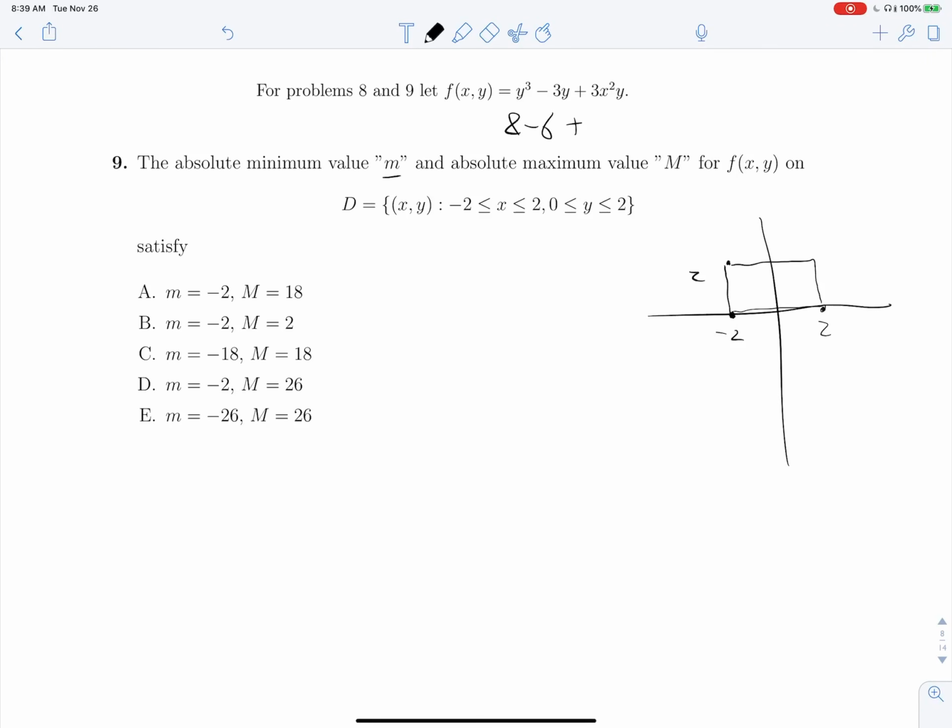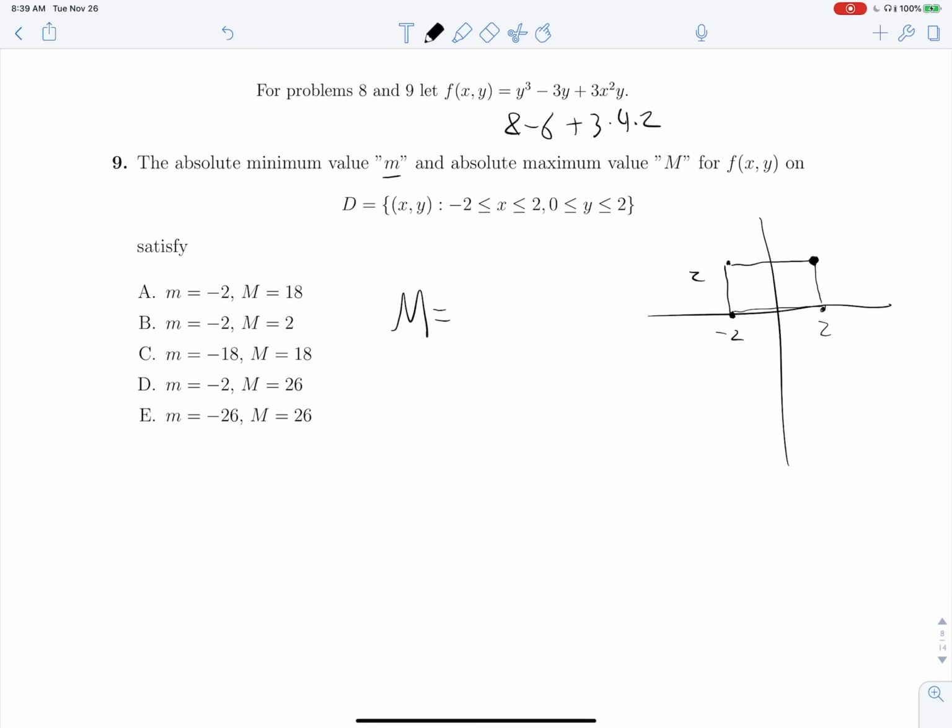So right now we're dealing with this term over here, and we see that this will be 3 times 4 times 2. So overall we have 2 plus 24, which is a max of 26.